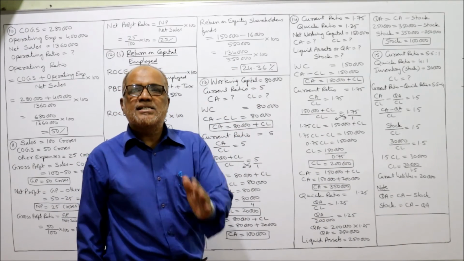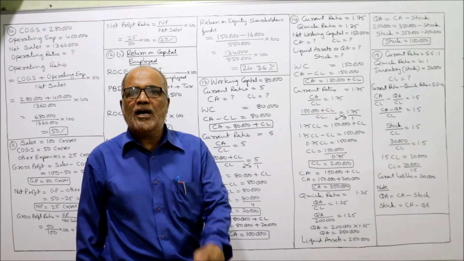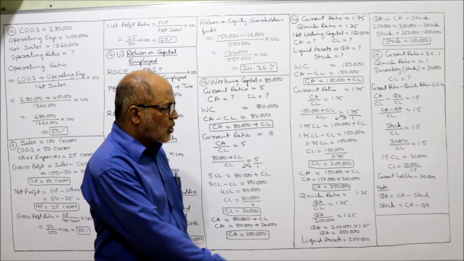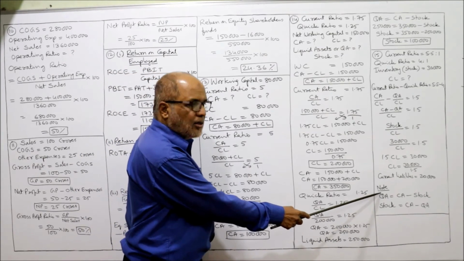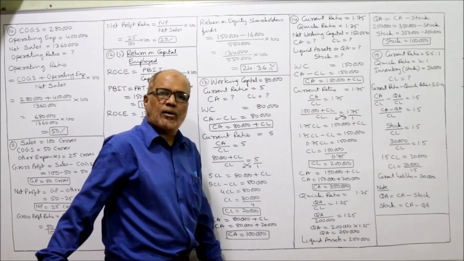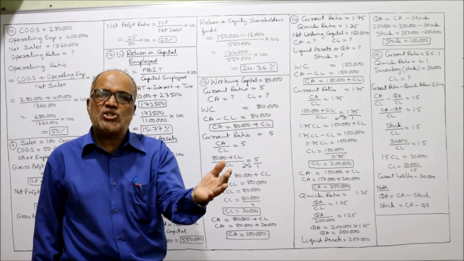Now remember, CA minus QA is nothing but stock. This I have explained to you in the note. Note: quick asset is equal to current asset minus stock.